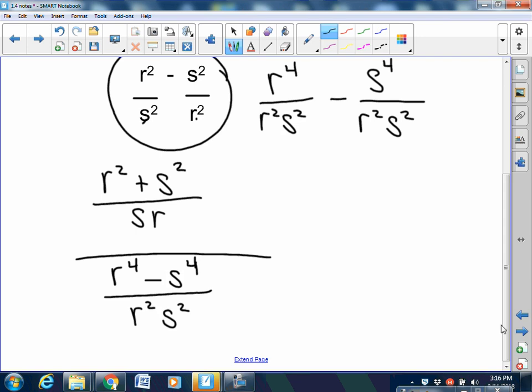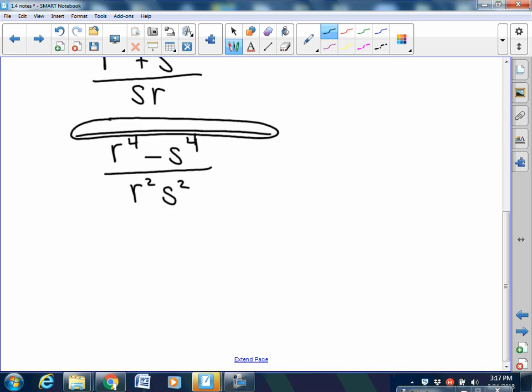So we just went through all those fractions and we simplified the numerator and we simplified the denominator. So far, so good? But how do you do a fraction divided by a fraction? You change this division sign to multiplication. So ready to do all that? So we're going to rewrite this: r to the second plus s to the second divided by SR. Did I do anything but just rewrite it?